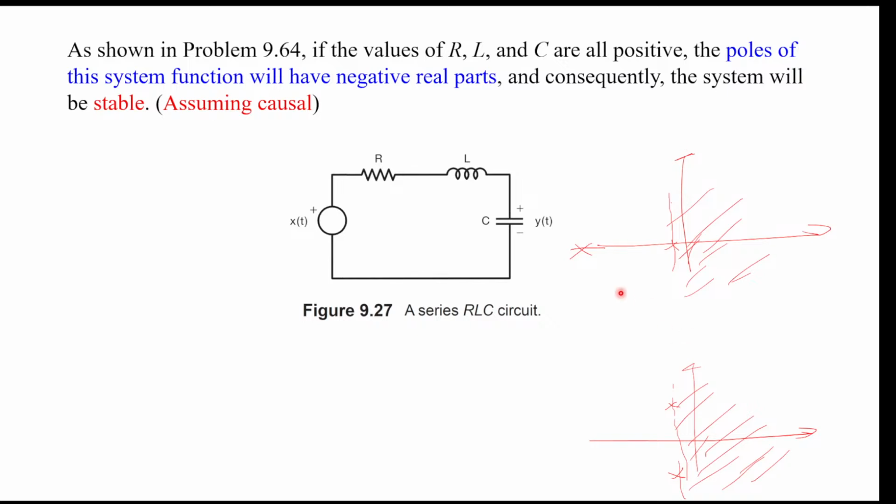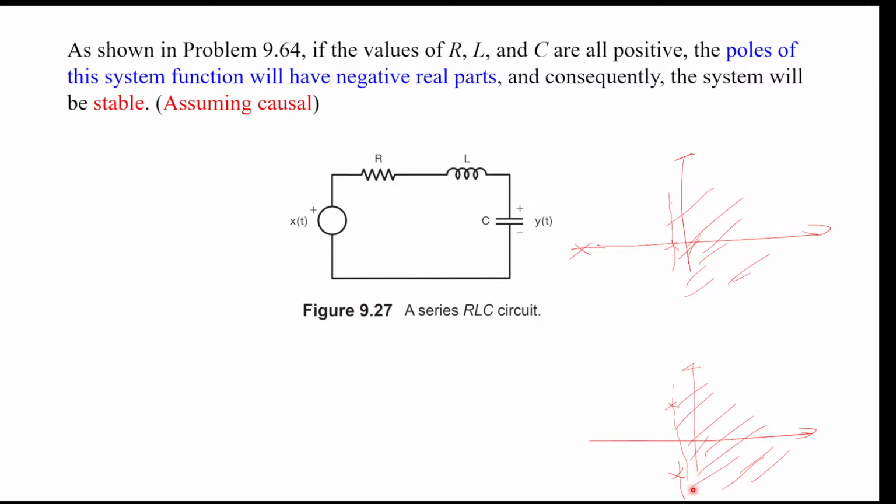And if it's both causal and stable, then all the poles will have negative real part. Two of these three imply the other: causality, stability, and all poles having negative real part.